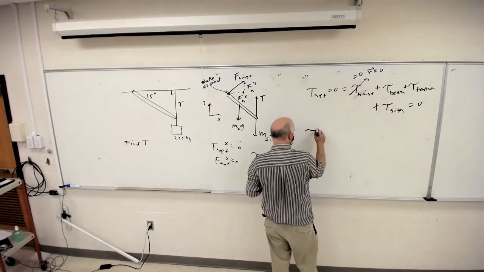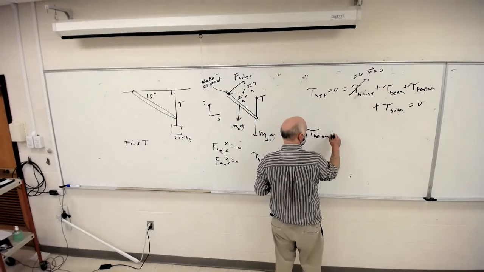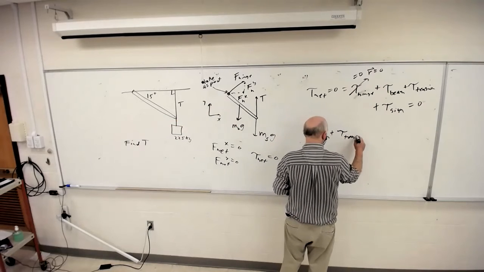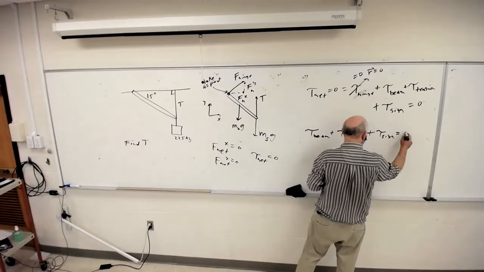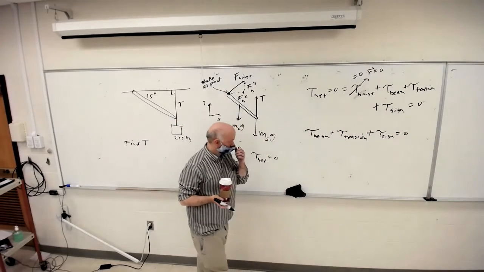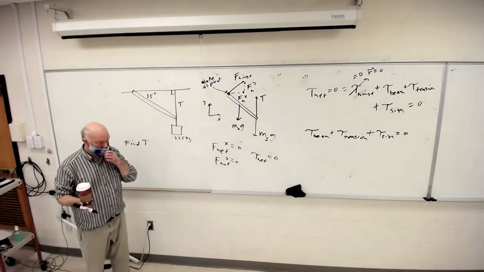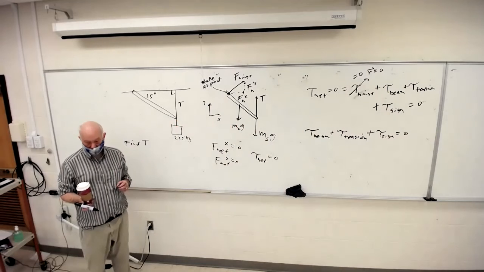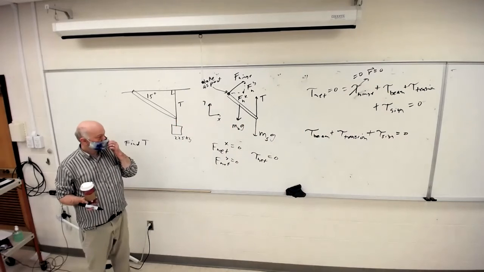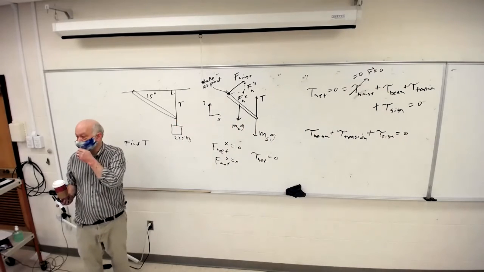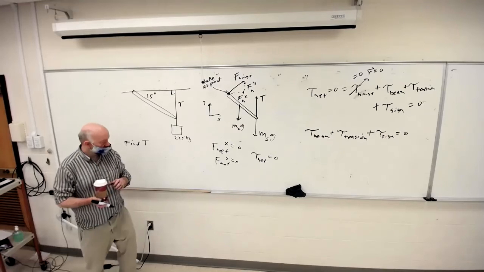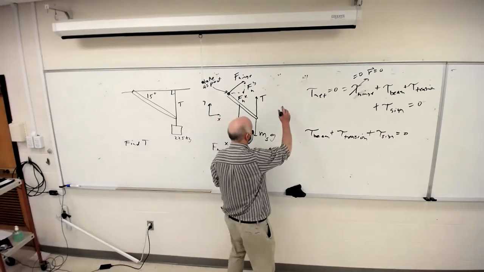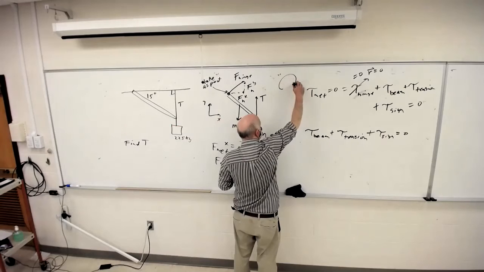So what do we get? We get the torque of the beam and the tension. Okay, let's figure out what these are. Which way do you want to be a positive torque? Clockwise. Does it matter?